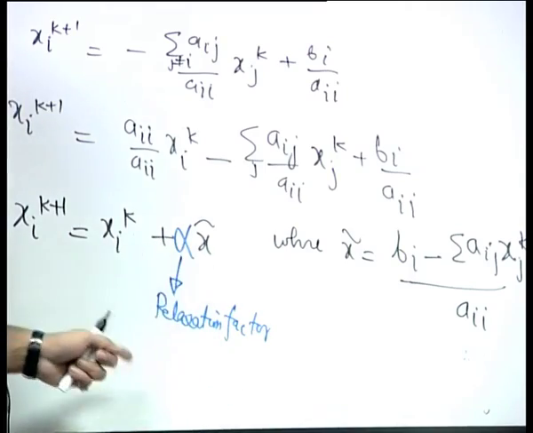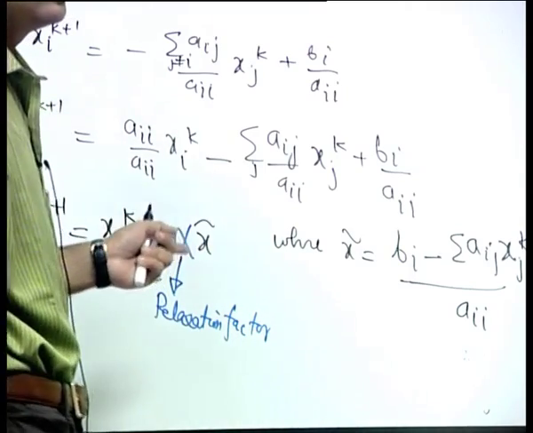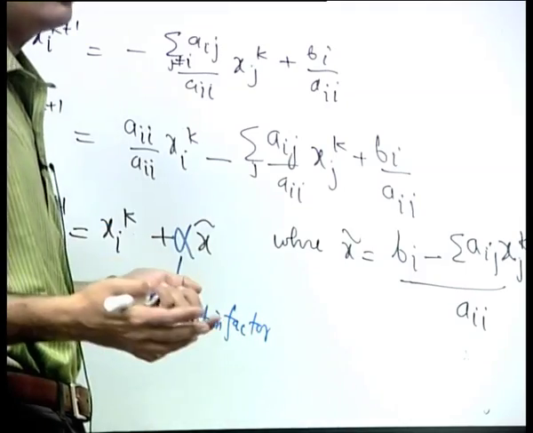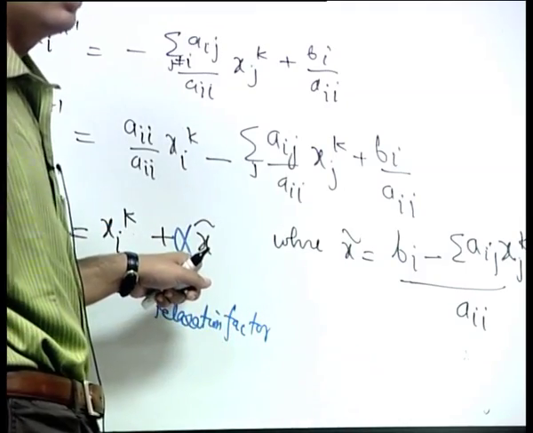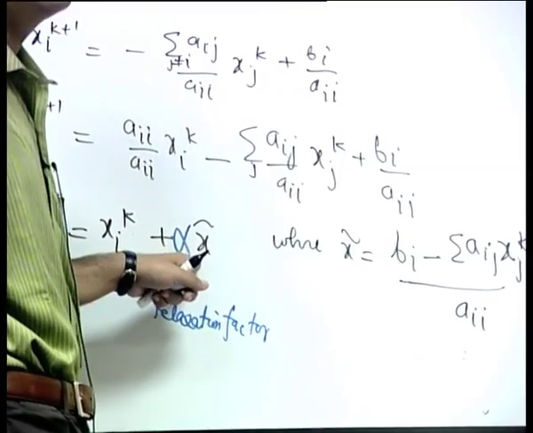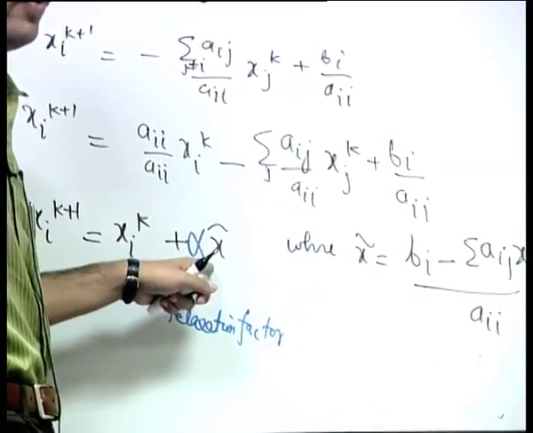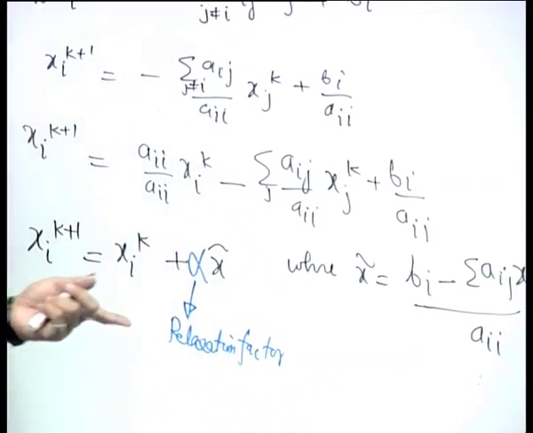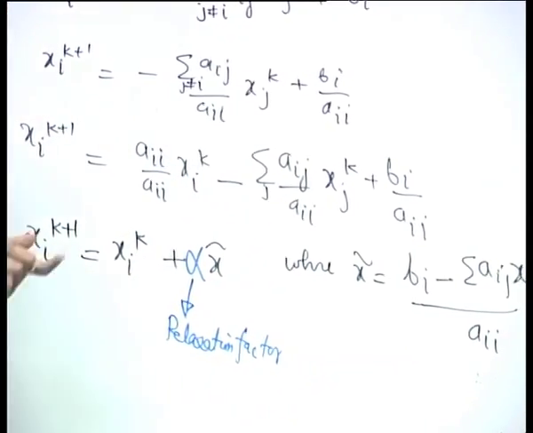This relaxation factor can be a number which is different from 1. If it is equal to 1, it means the original Jacobi's formula. If it is different from 1, it will be a different formula.